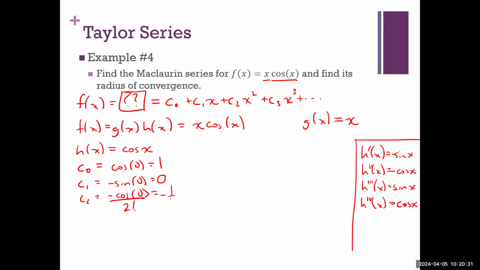Which is negative a half. What should C3 be? 0. So positive sine. So every odd derivative of this is going to be a sine term, right? What's the sine of 0? Always 0. All right, C4 is going to be positive cosine of 0 over 4 factorial, which is 1/24.